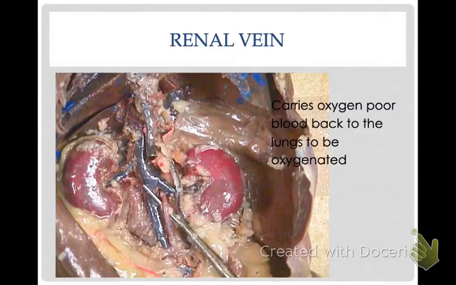On this slide, we're going to be looking at the renal vein, and they're blue. Veins are blue because they're carrying oxygen-poor blood back to the heart and lungs to get reoxygenated. So they are the blue veins that are being shown going into the kidneys.